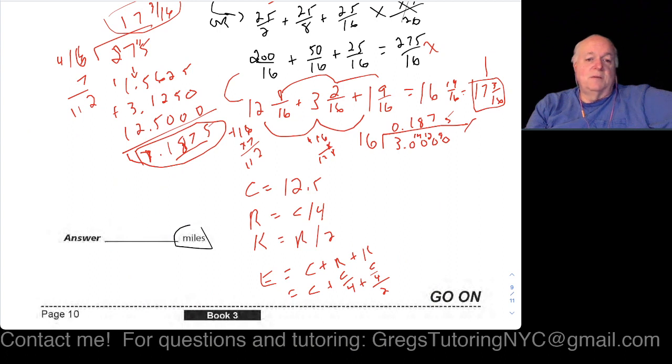Basically what we have is C plus C over 4 plus, what does that come down to? C over 4 divided by 2 is C over 8.